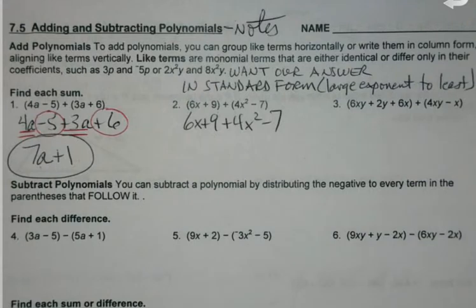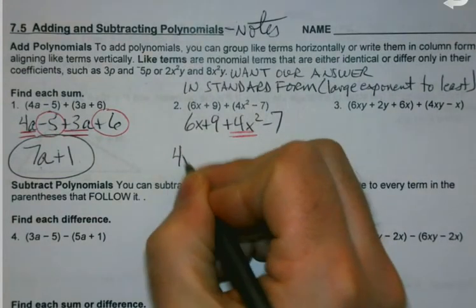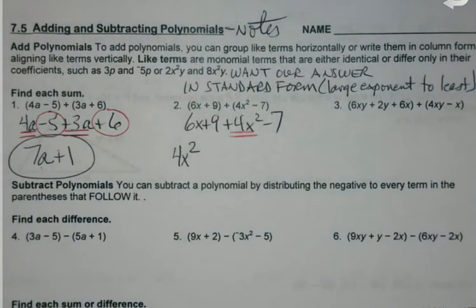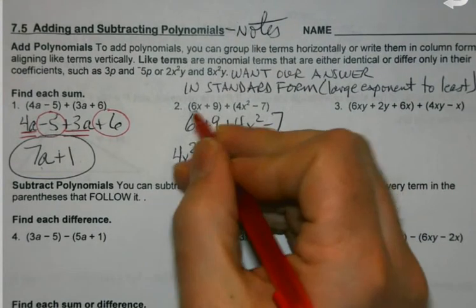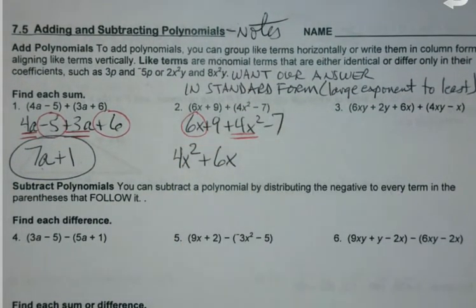So if I want my answer in standard form, largest exponent to least, which term should I be starting with? Yeah, this 4x squared right here, because that's got the biggest exponent on a variable. Yep, and then I also notice I have just a plain old x term, which I can't do much with, so that goes next.